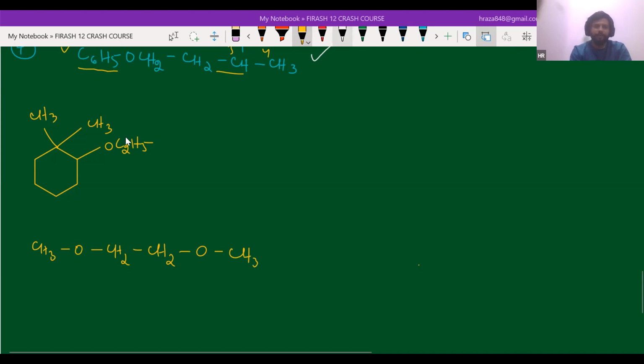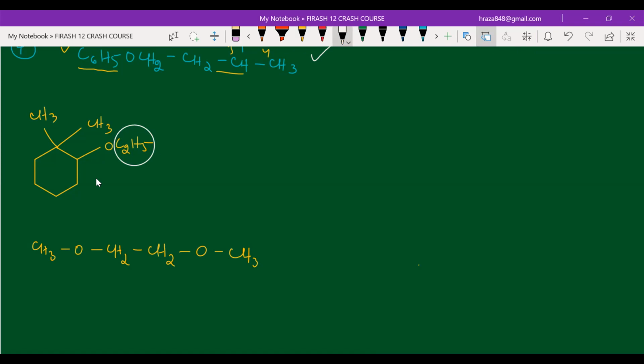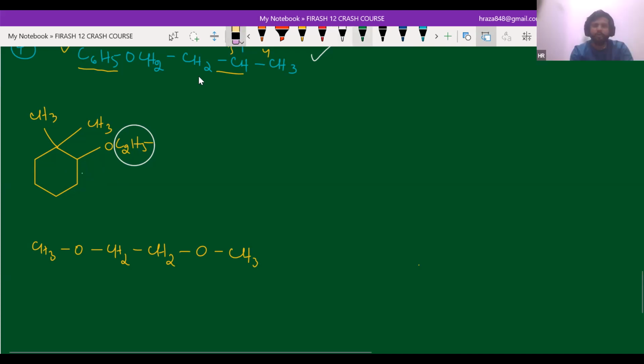See, this will be 2-ethoxy, methoxy or ethoxy. We are going to give preference to this because it has 2 substituents.